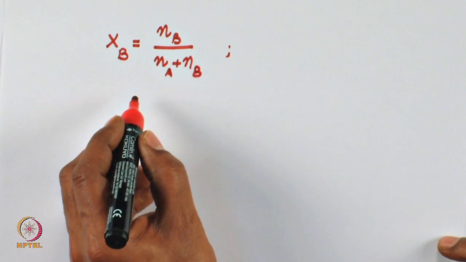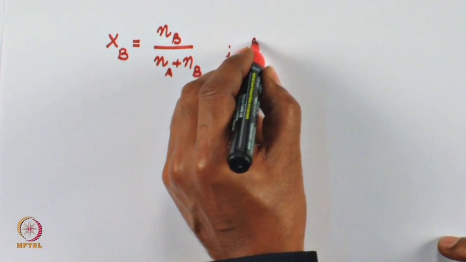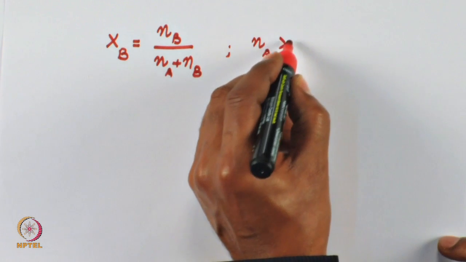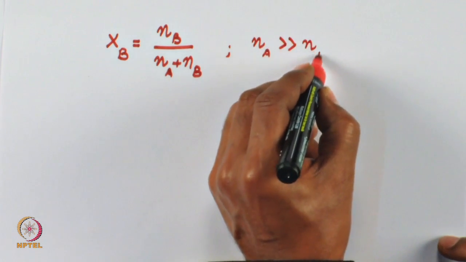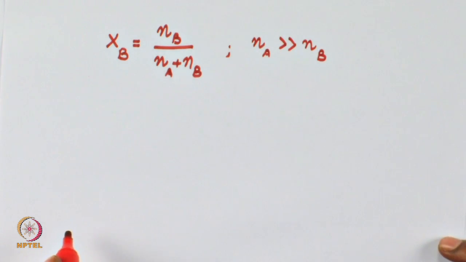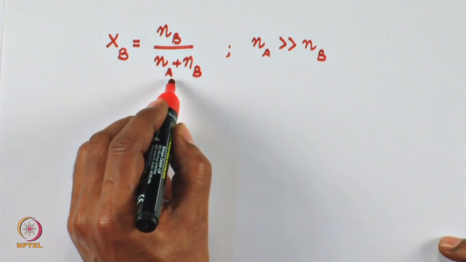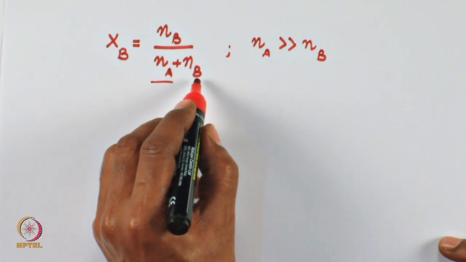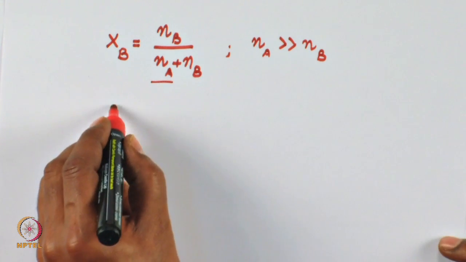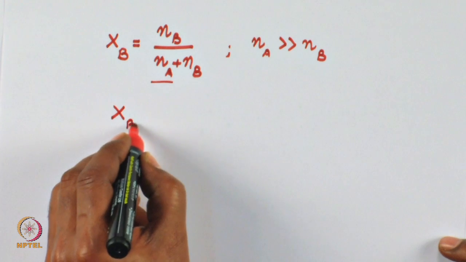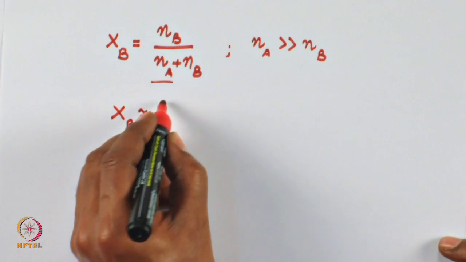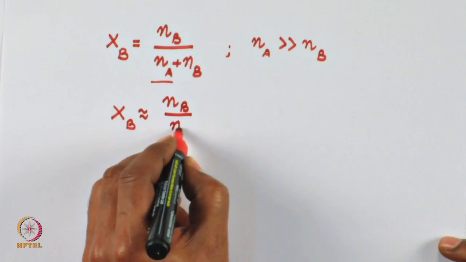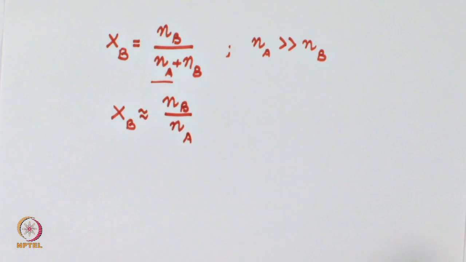Usually, in a dilute solution, the number of moles of A, which is the solvent, is much larger than the number of moles of B. If this is very large and this is small, I can ignore the small quantity. That means the mole fraction of B I can write approximately as the number of moles of B divided by the number of moles of A.